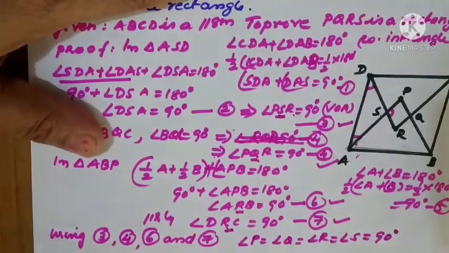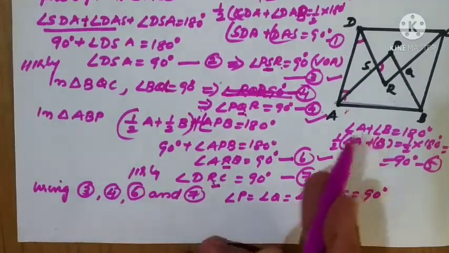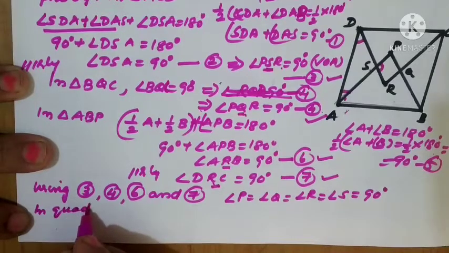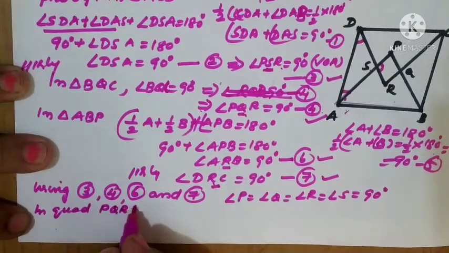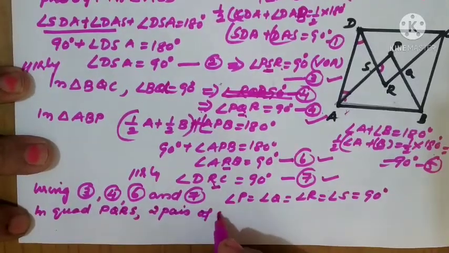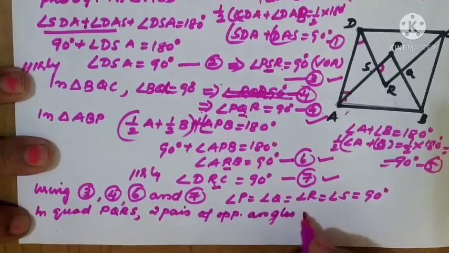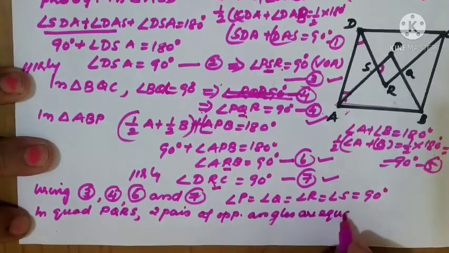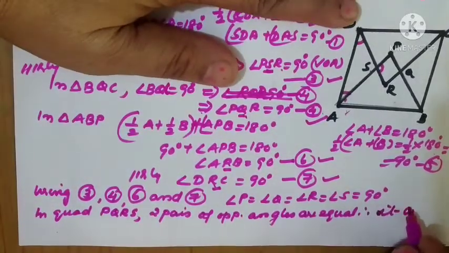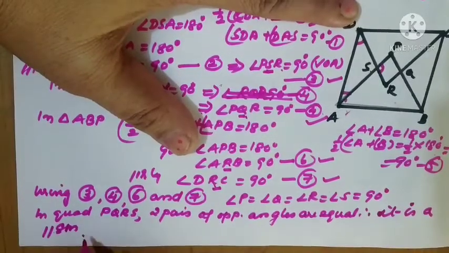So what is the conclusion we can go for here? In quadrilateral PQRS, two pairs of opposite angles are equal. Therefore, it is a parallelogram. What is the next step?